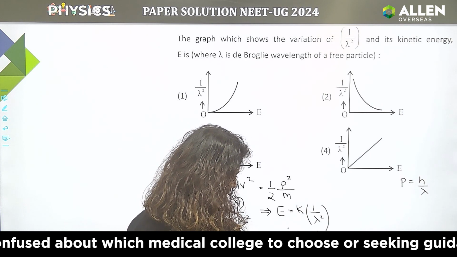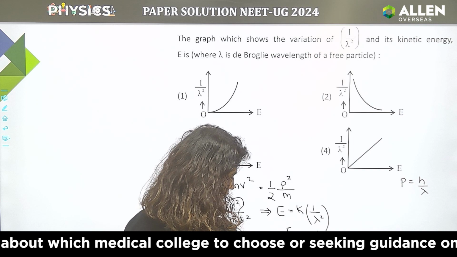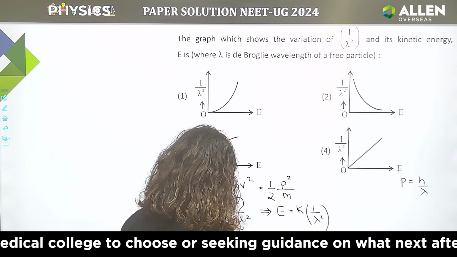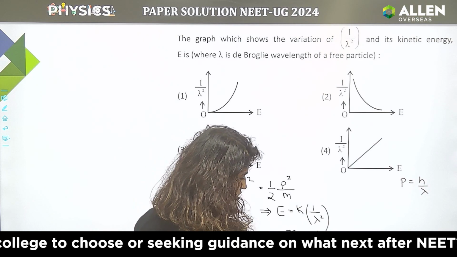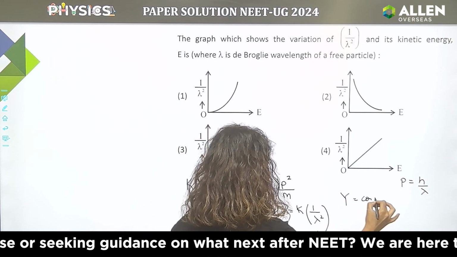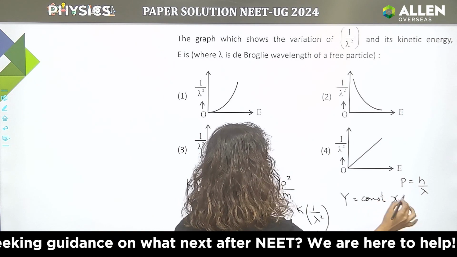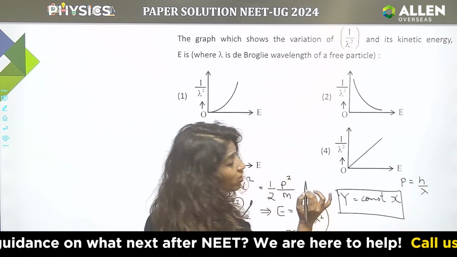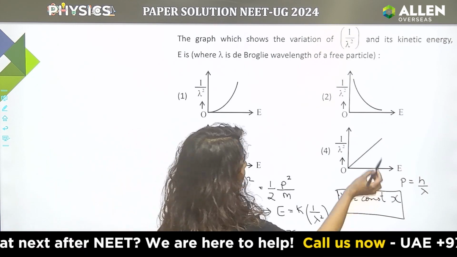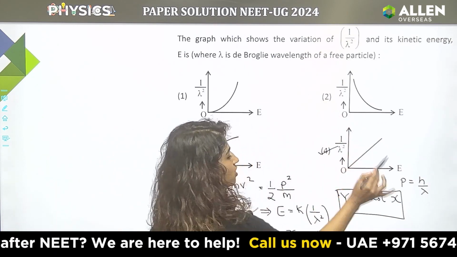Basically this is a constant, so I can rewrite it as y is equal to constant into x, which is nothing but an equation of a straight line.